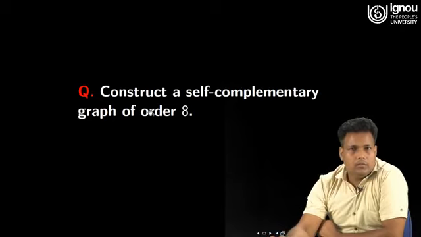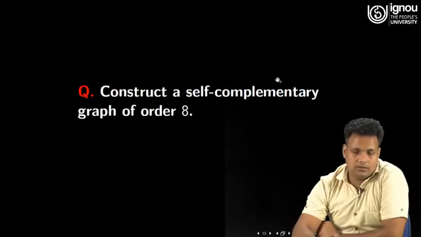Construct a self-complementary graph of order 8. So we just construct it here. Look at this graph. It has 8 vertices, right? And now we shall draw all the missing edges here to get the complement of this.